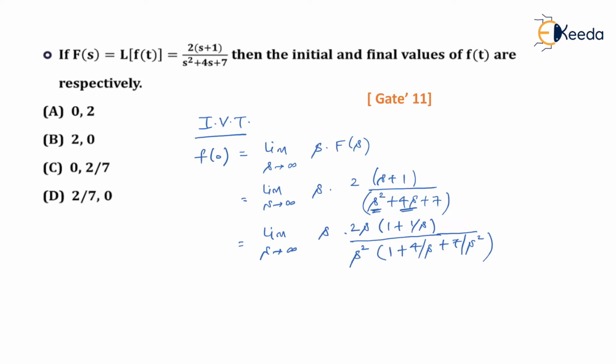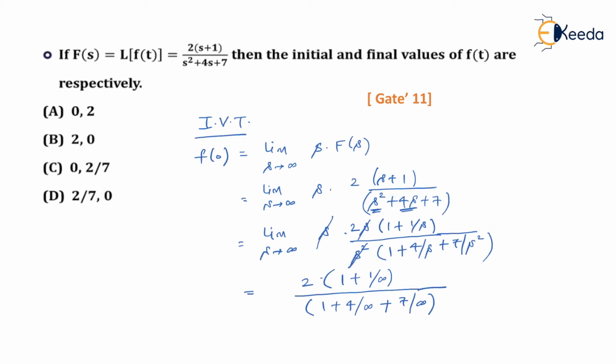So what is going to happen? This s and s squared get cancelled. Now wherever there is s, just substitute s as infinity. In numerator, we already had 2, so it is 2 times (1 plus 1 by infinity). In denominator, it is 1 plus 4 by infinity plus 7 by infinity squared. Infinity squared is infinity itself.